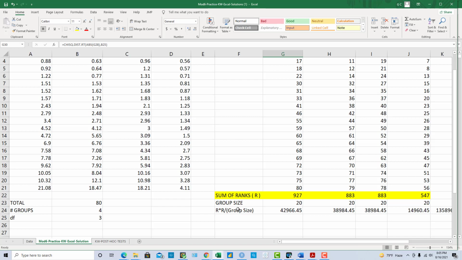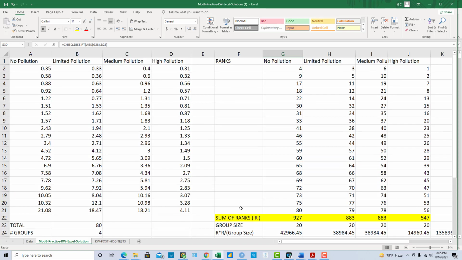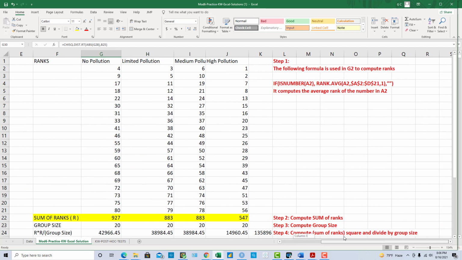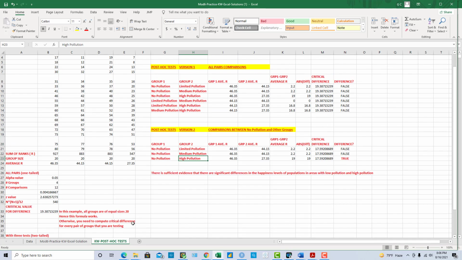You could use the same formula for your data, and if you plug in your data, in most cases this should work. Depending on the size of the data, you might have to change this template a little bit here and there, but otherwise this should give you a very systematic method for you to compute the Kruskal Wallis test as well as Kruskal Wallis post hoc tests.